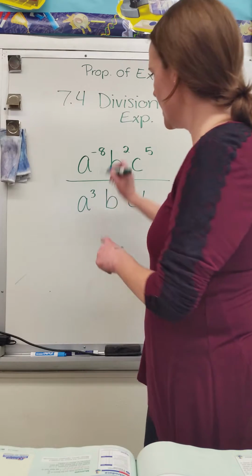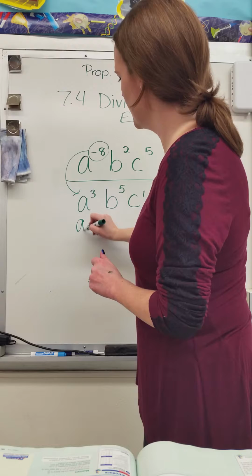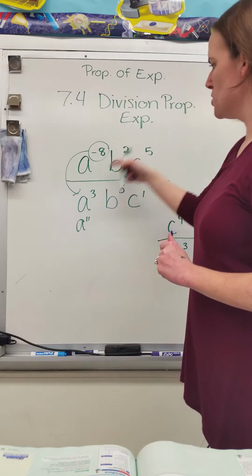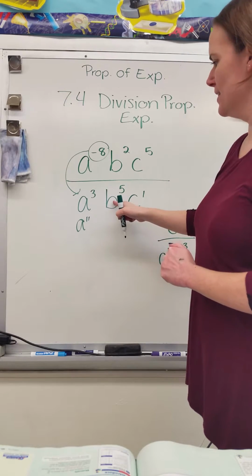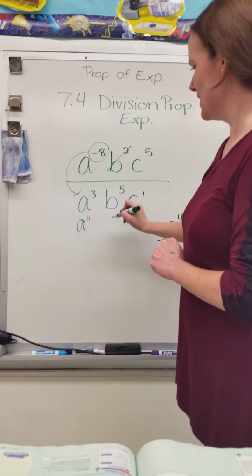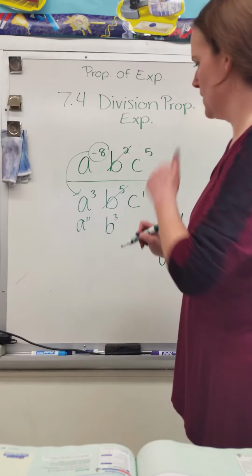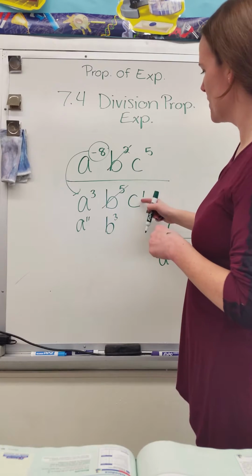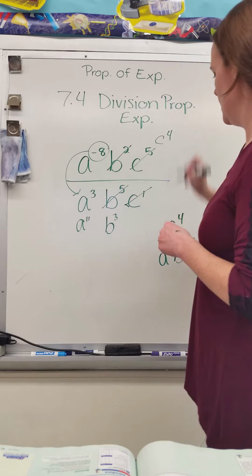So I know that these 8 negatives are going to move down here, and that's going to leave me with a to the 11 down here. There's 2 b's up here and 5 down here, so these would cancel, leaving me with 3 of them down here. And then again, it's like a canceling, where this one would go away, leaving me with just 4 of them up here.